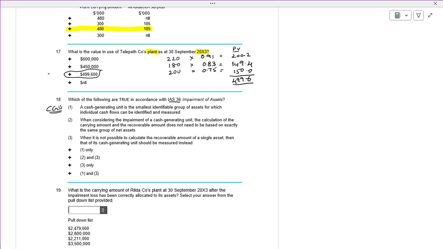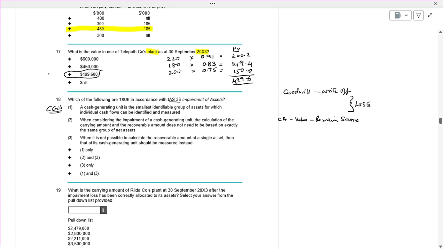When you are talking about the cash generating unit, we have done calculations. If there is a loss, the first thing you will do is write off goodwill, whatever the loss. Next, your current assets values will remain the same.